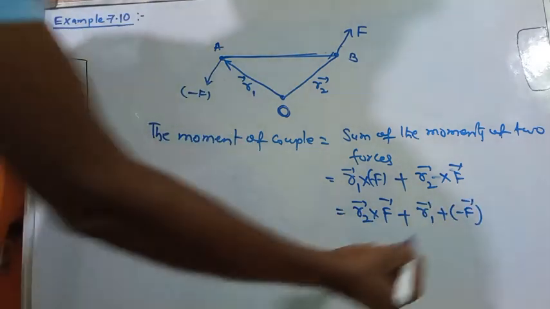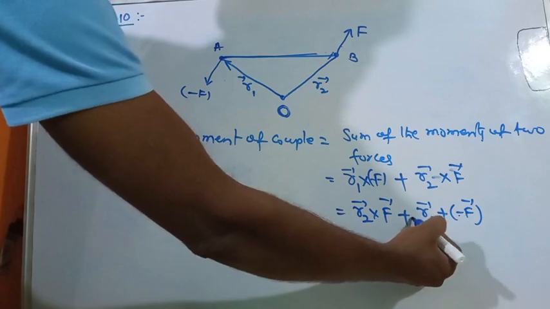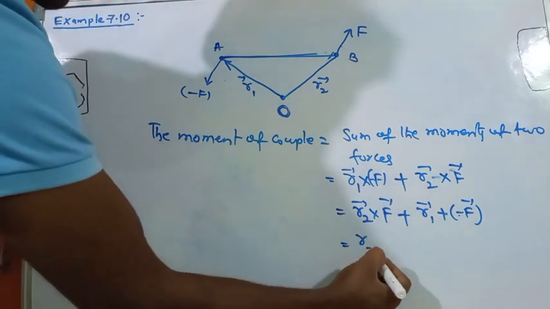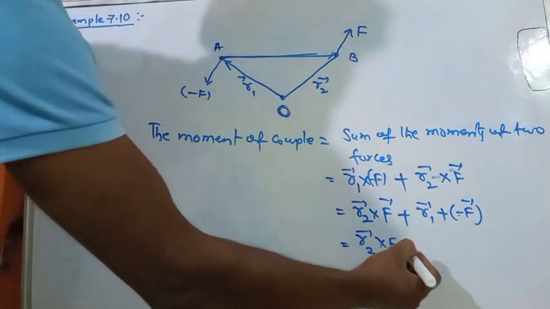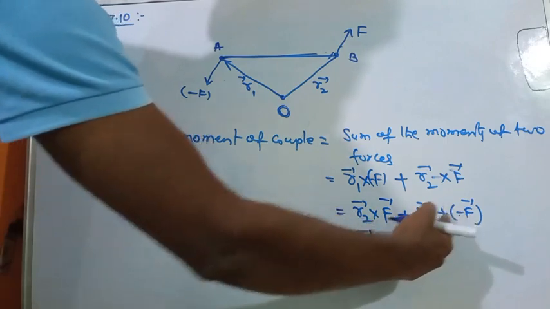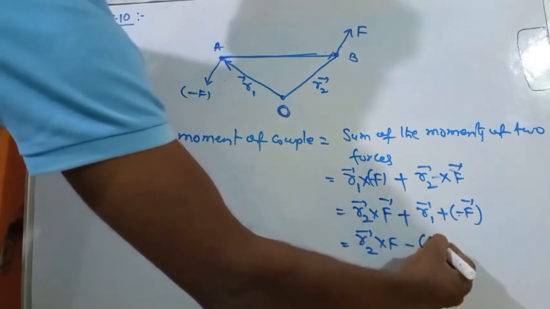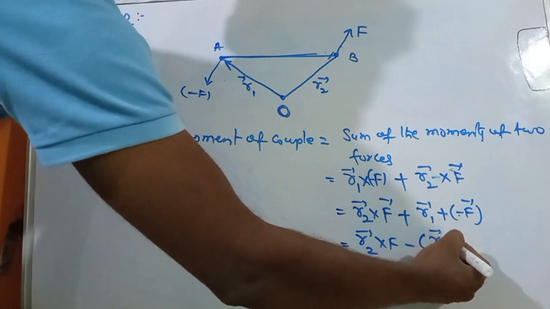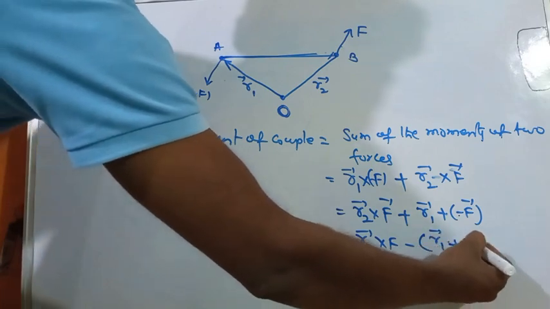Taking the minus out, that is equal to R2 vector cross F minus R1 vector cross F.